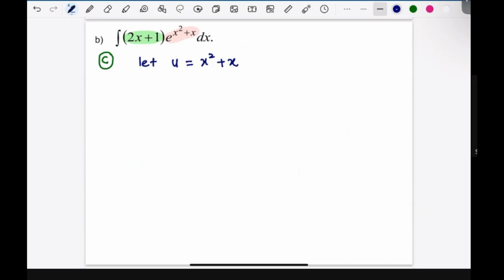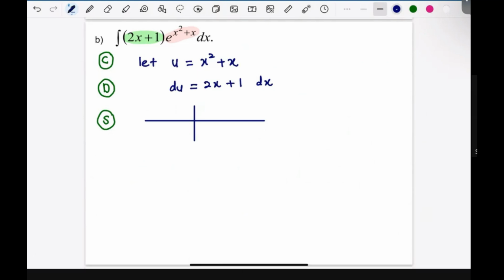Okay. And then moving on to our second step, we have to differentiate our U. So du in this case would be 2x plus 1 dx. It's very easy. Okay. And then moving on to our third step means we have to substitute here. Okay, you have to make a table consisting of 2 columns. So for the first column, choose the function that you let as U all together.